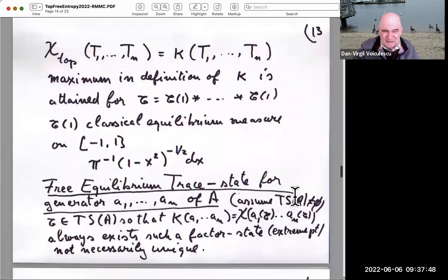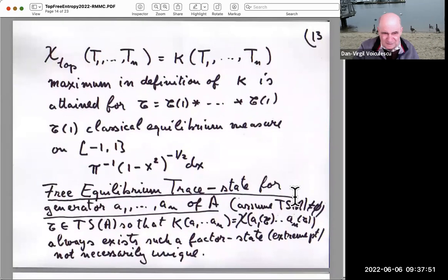This has another, more general aspect. When one defines the free capacity of A1, ..., An, one takes free entropies of n-tuples with respect to certain trace states. Now, there exists such a trace state for which the maximum is attained. This follows from semicontinuity properties of the free entropy.